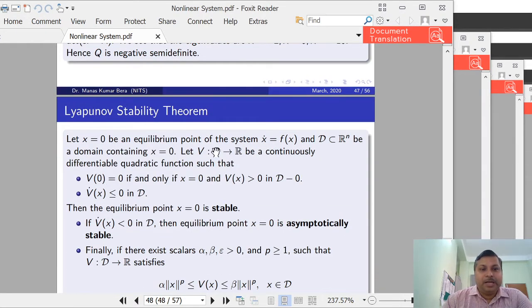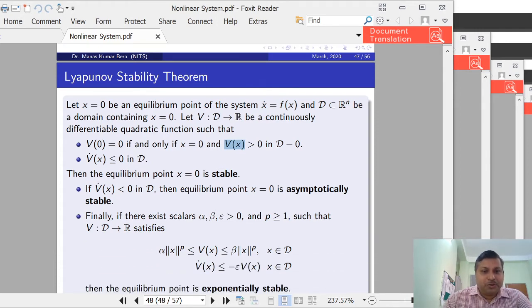It is telling that you should have a V which is continuously differentiable and a quadratic function, such that V of 0 is 0 and V of x is greater than 0, means it must be positive definite. If you choose that, then you have to find out the time derivative of V, and if you are able to prove it is less than or equal to 0, then it will be stable, and if it is strictly less than 0, then it will be asymptotically stable.